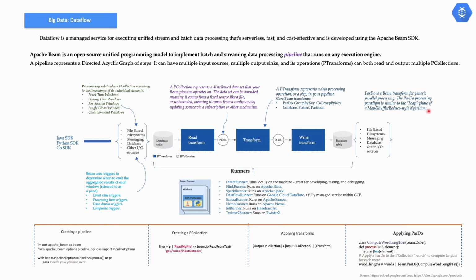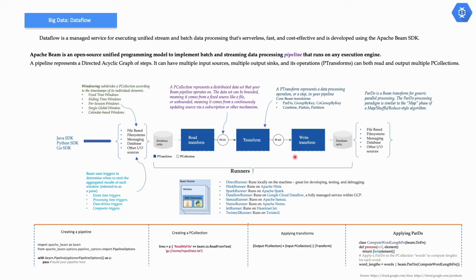So if you're aware of MapReduce from the Big Data world, mapping was basically forking out and then you shuffle it back in to create the data set. Now that map is part of the transformational processing. So ParDo is equivalent of that map phase of a map-shuffle-reduce style algorithm.